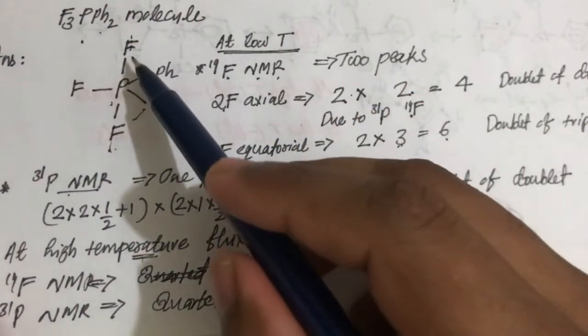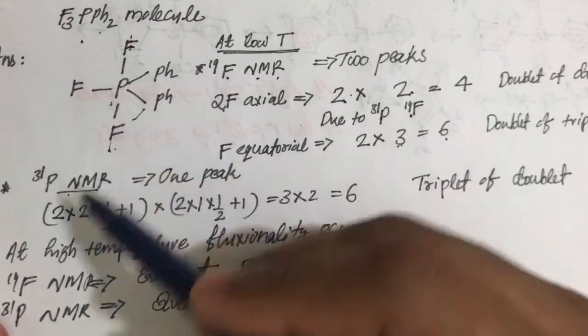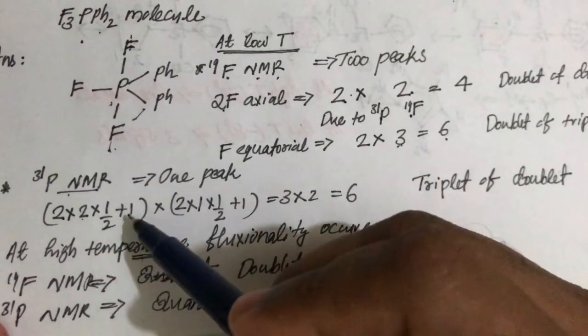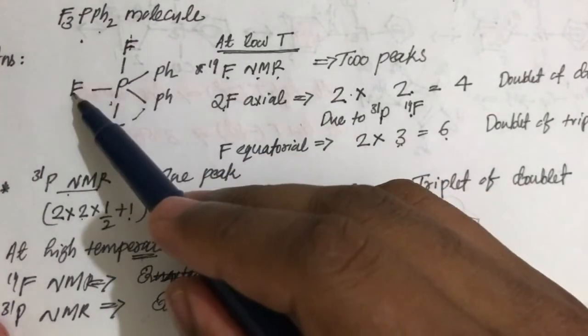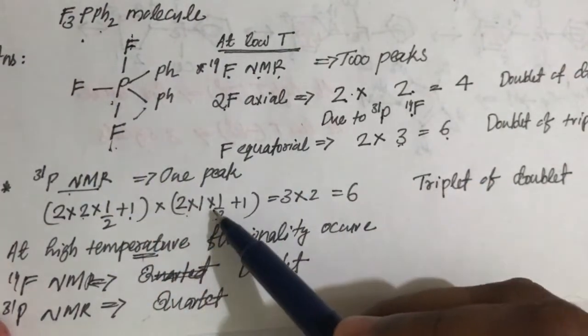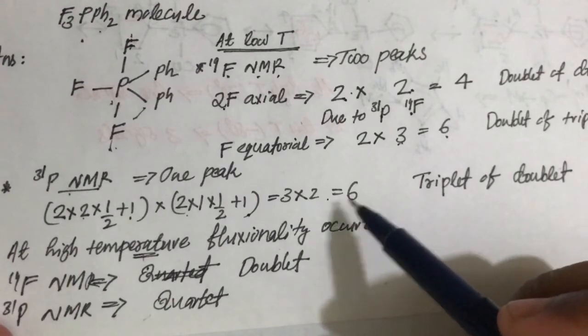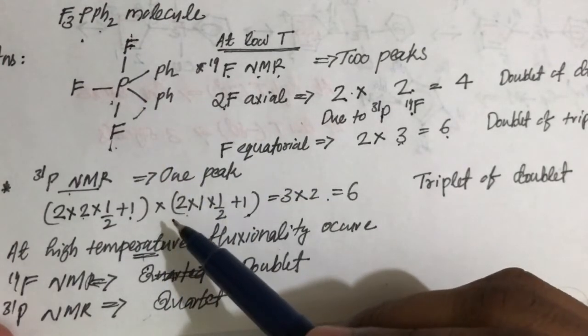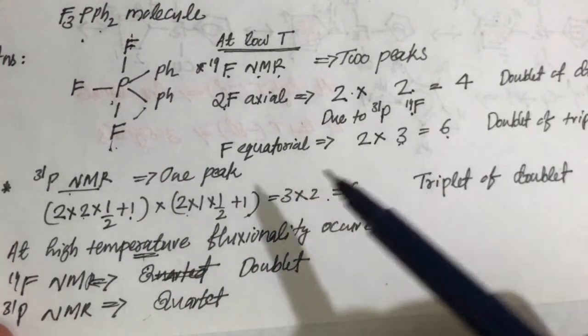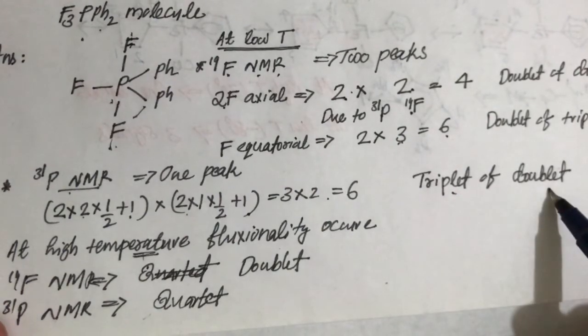First it is coupled with the axial, that is 2 into 2 into half plus 1, into the equatorial, 2 into 1 into half plus 1, that is 3 into 2, 6. That means first it is split into 3, then split into 2, that gives you triplet of doublet.